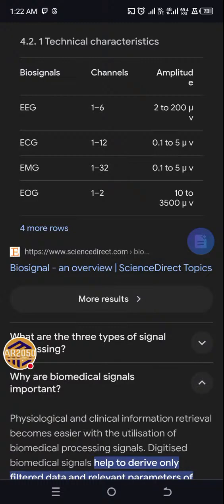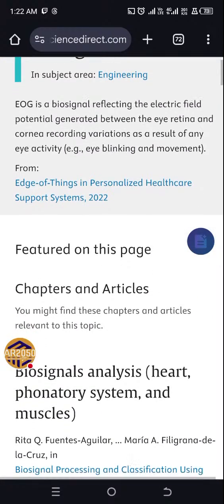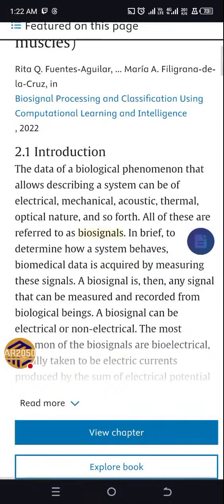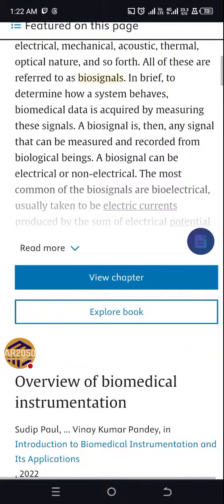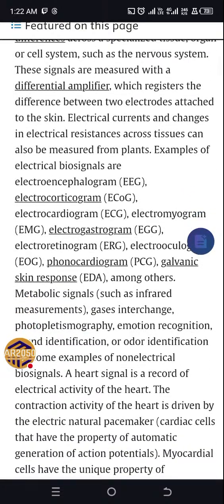So biosignals, an overview. This is ScienceDirect about biosignals. The data of the biological phenomena that allows describing a system can be of electrical, mechanical, acoustic, thermal, optical nature, and so forth. All of these are referred to as biosignals. So, examples of electrical biosignals.